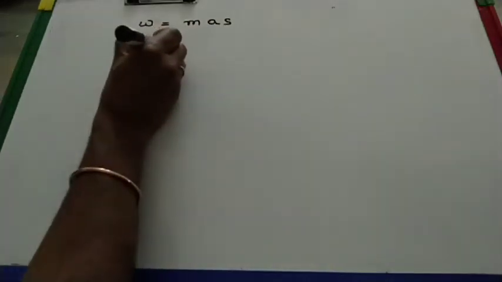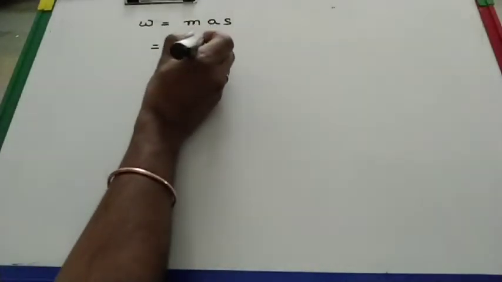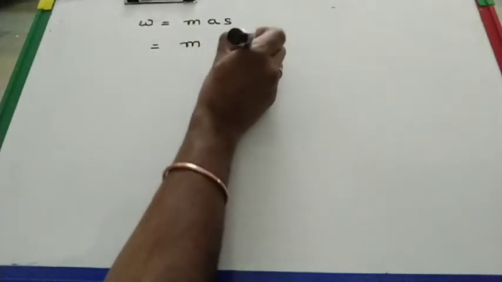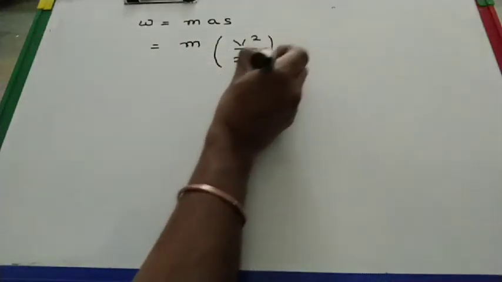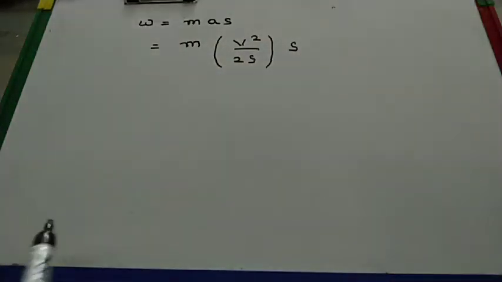Therefore, we get W is equal to M A S in this one. M into what is A? V square by 2S into S. Please observe carefully.